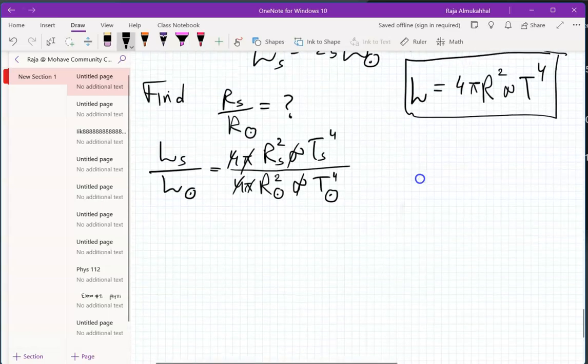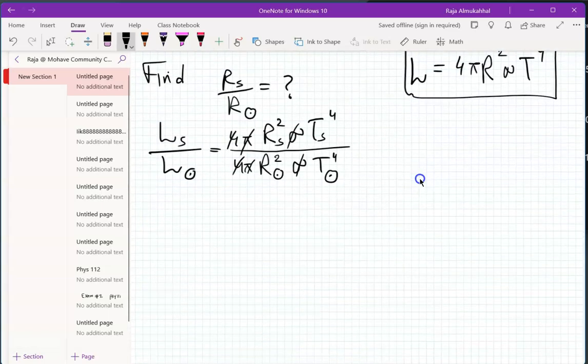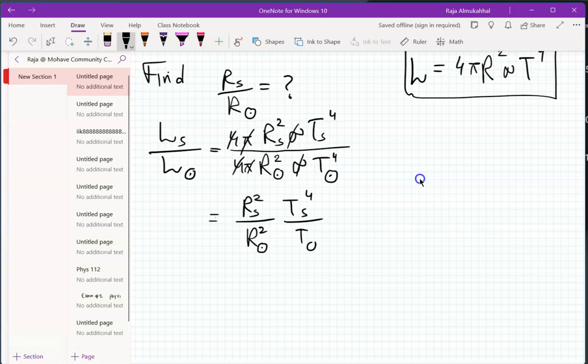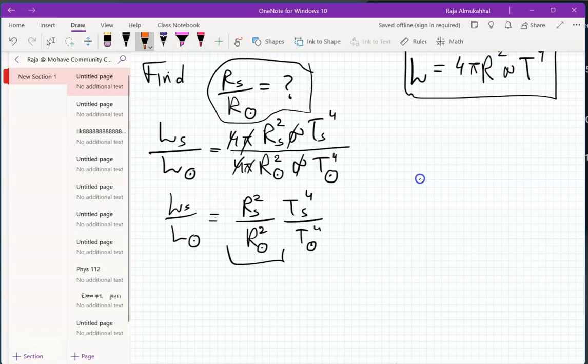I end up with r sub S squared over r solar squared times T sub S to the fourth over T solar to the fourth, and then here L sub S over L solar. So my goal here is to solve for that, right? That's where the formula is, remember? This one right there. So I need to solve for that. So what I want to do, let me use a different color.